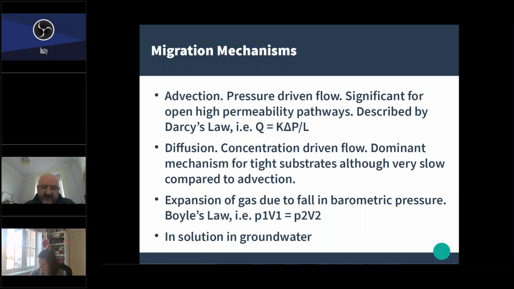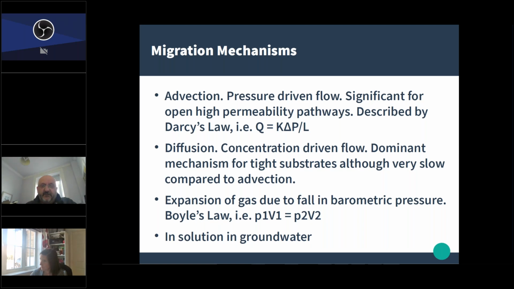For those of us who are of a more scatological bent, there are other obvious examples that you could give. So that's advection, diffusion. Diffusion is described by Fick's law, where the flux is almost the same as that equation for Darcy's law, except it's concentration over path length times a constant, the constant being a diffusion coefficient. And I've got a worked example at the end.